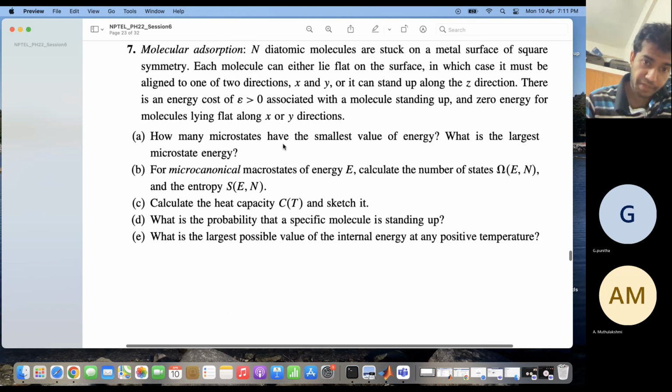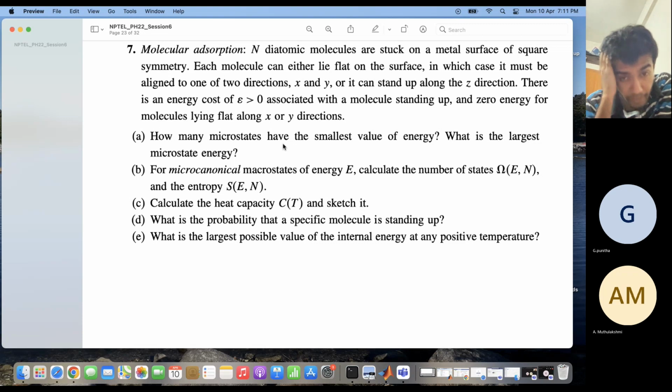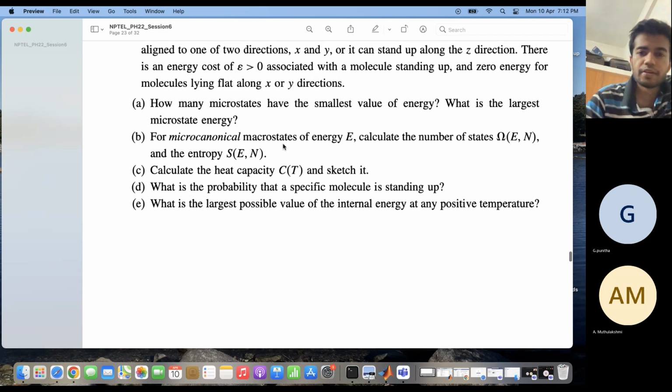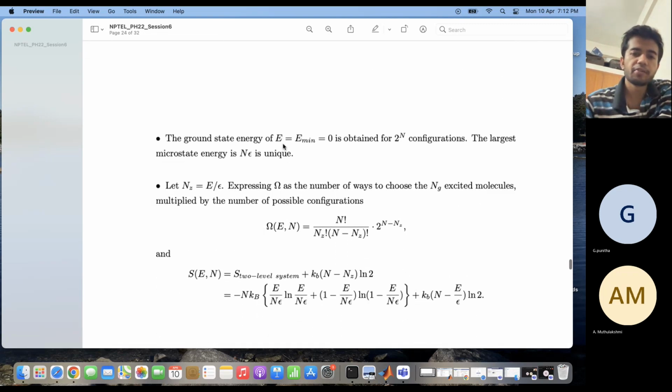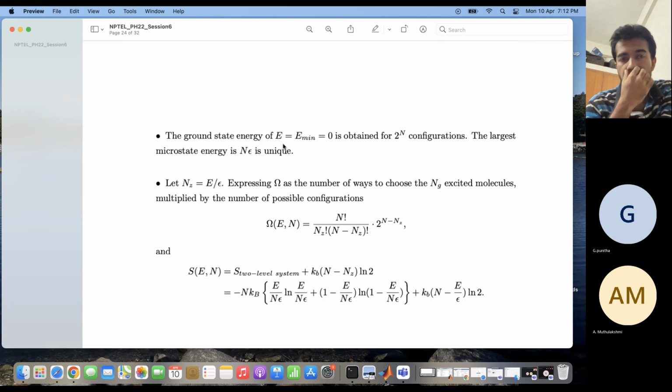Now going to the next question. For microcanonical macrostates of energy E, calculate the number of states and the entropy S. First you have to calculate the number of microstates corresponding to a given macrostate of energy E and N molecules.